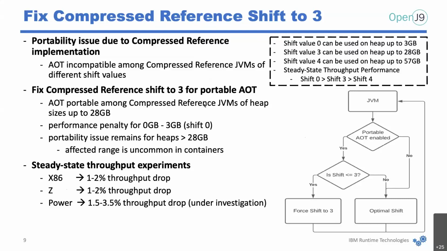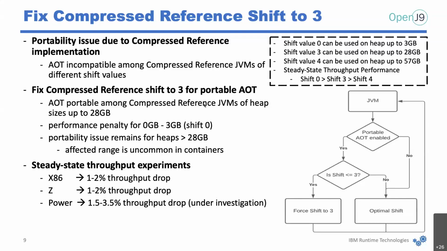And we didn't resolve the portability issue for heap sizes over 28 GB. We're not worried too much about heap sizes over 28 GB because it is a rather uncommon range for heap sizes in containers. However, we do care more about the performance penalty we suffer for smaller heaps under 3 GB.